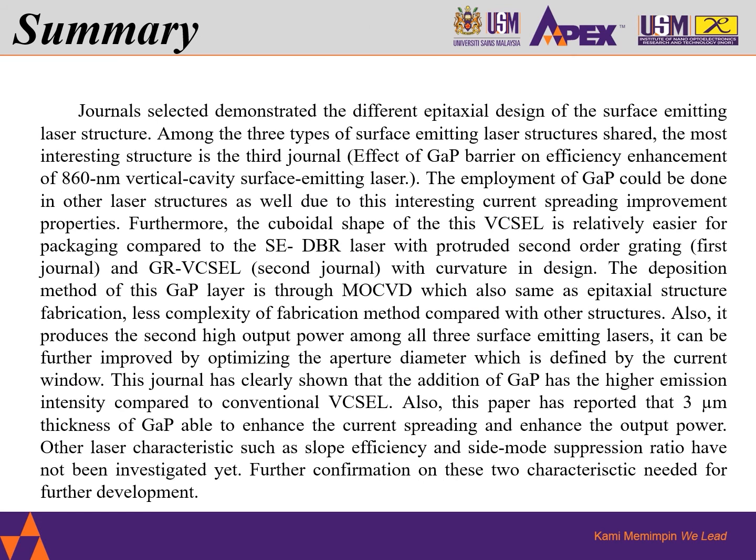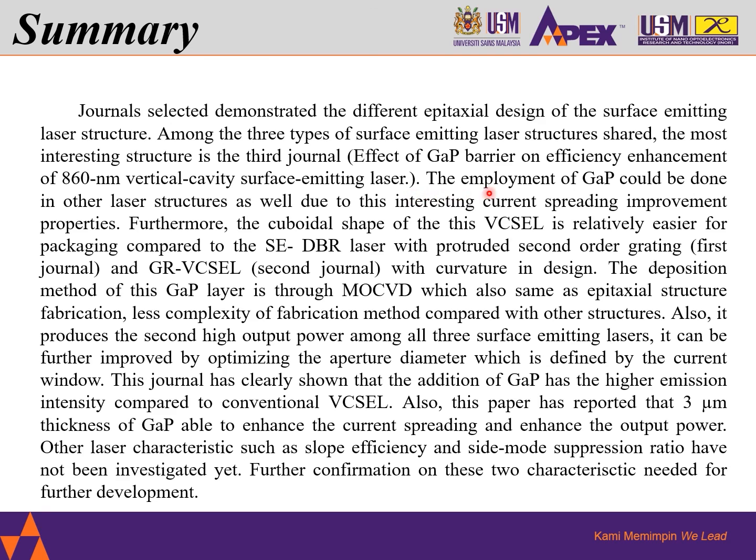Lastly, I would like to end this project and presentation with this summary. The three journals selected demonstrated different epitaxial designs of surface emitting laser structure. Among these three types of surface emitting laser structures, the most interesting structure I found is from the third journal, the effect of gallium phosphide barrier on efficiency enhancement of 860 nanometer vertical cavity surface emitting laser.